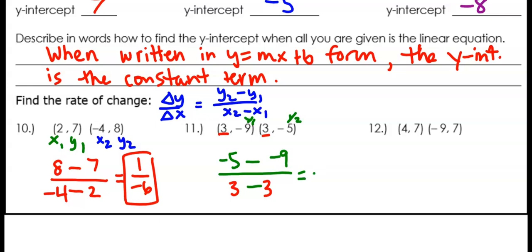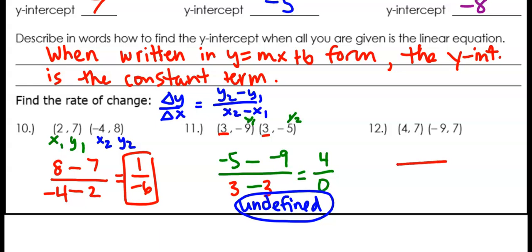In this case, we're going to get a 0 in our denominator. And in our numerator, we're going to get a 4. Anytime your answer has a 0 in it, you need to go one step further. A 0 in the denominator is different than a 0 in the numerator. Dividing by 0 is impossible. So we call this solution undefined.